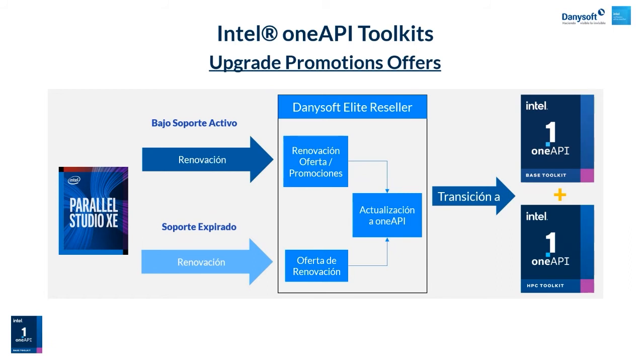You can call us or get in contact with your usual commercial contact, ask for this renewal, and then you will have the offers, promotions, and everything that is around the renewal at this moment. You know that our commercial people are usually very engaged with our customers, and they want to find the best promotion, the best offer for each situation.